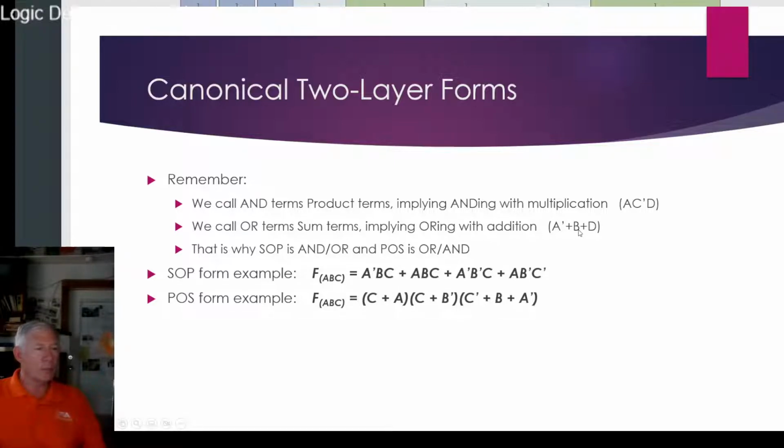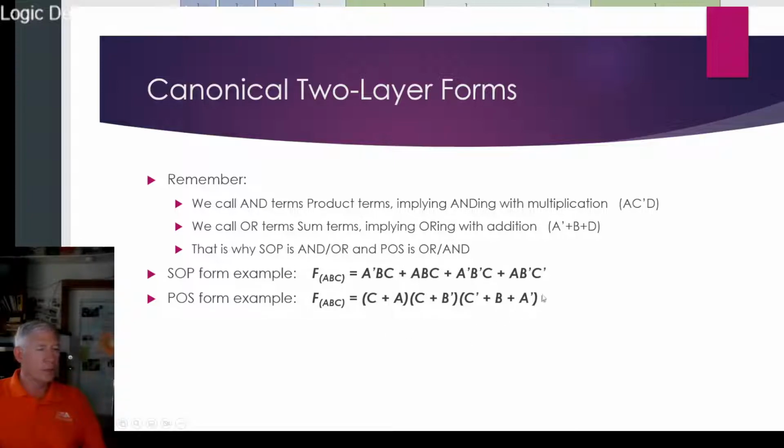So A prime plus B plus D, that's an OR gate with three inputs, A prime, B, and D. And so that's why SOP is the sum, which is the output gate, of product terms. So the product terms are the AND gates, which are the input gates. The sum is the output OR gate. And the POS is the output AND gate, ANDing together all of our OR gate outputs, our sum terms.